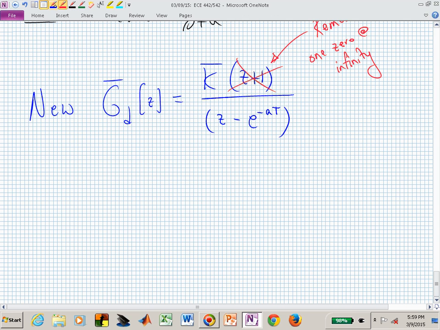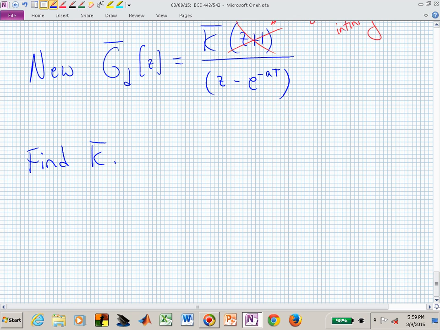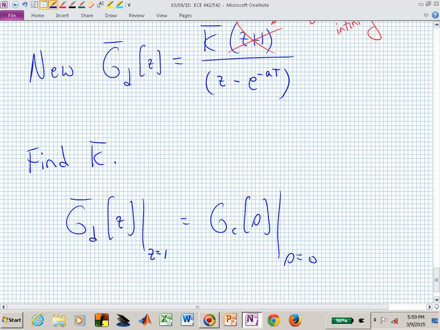And the difference is going to show up in the number of terms on the right-hand side, and possibly the value of k bar. We can now find k bar again by matching gains, and this was low frequency behavior. We now want to match g sub d of z bar at z equal to 1 with g sub c of s when s is equal to 0.